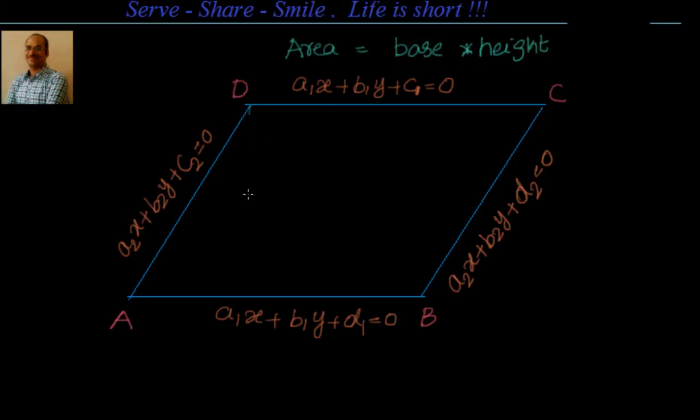Let us say this is P1. Also let's try to find out the altitude from D onto BC.